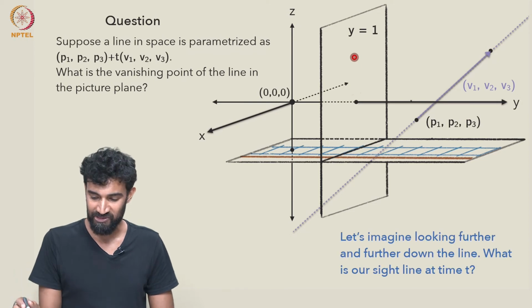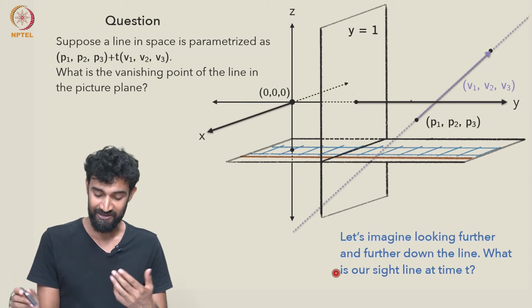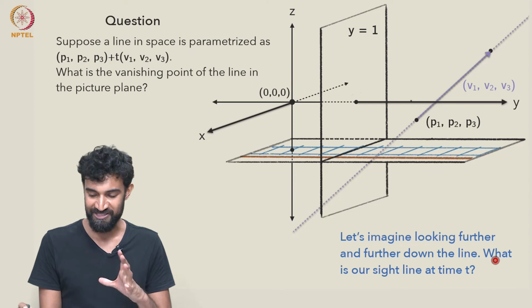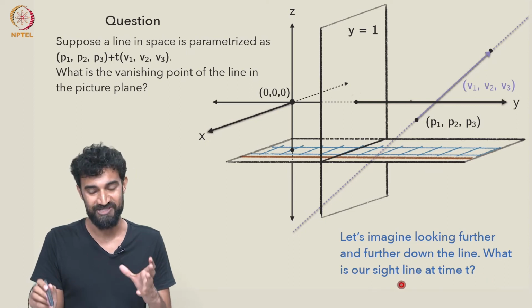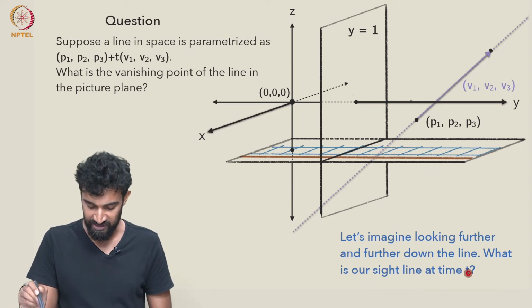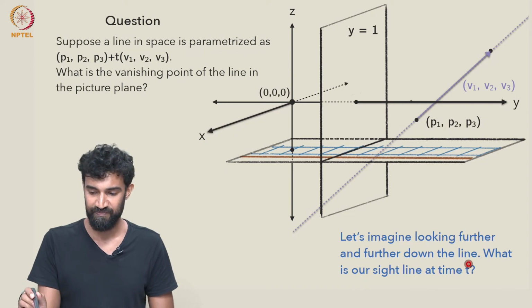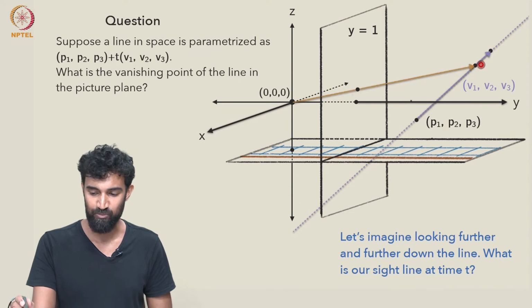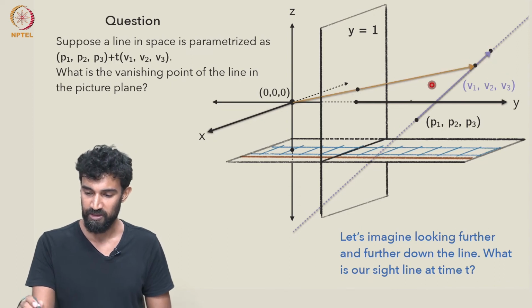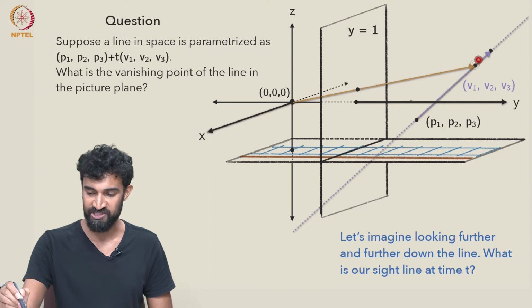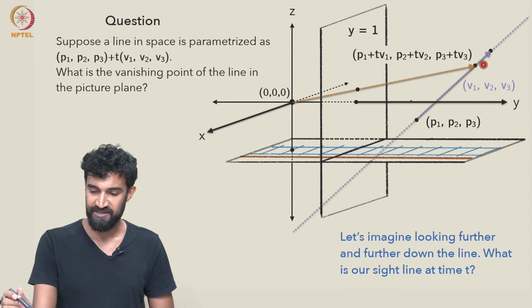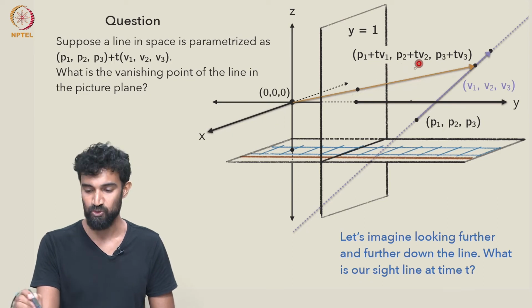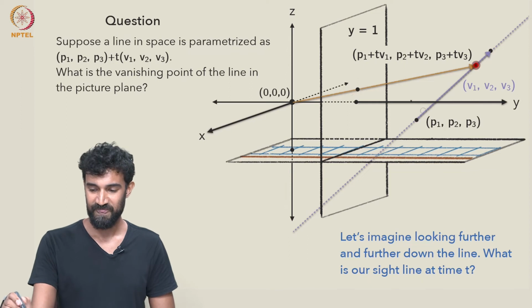So, assuming this is not parallel to the picture plane, what is its vanishing point going to be? Well, let's imagine looking further and further down the line, just like we did the first time we did this exercise, but now we have coordinates to make it all precise. So what is our sight line at time t going to be? Well, here's our sight line at some point in time, looking at this point on the line. And it's just p1 plus tv1, p2 plus tv2, and p3 plus tv3.